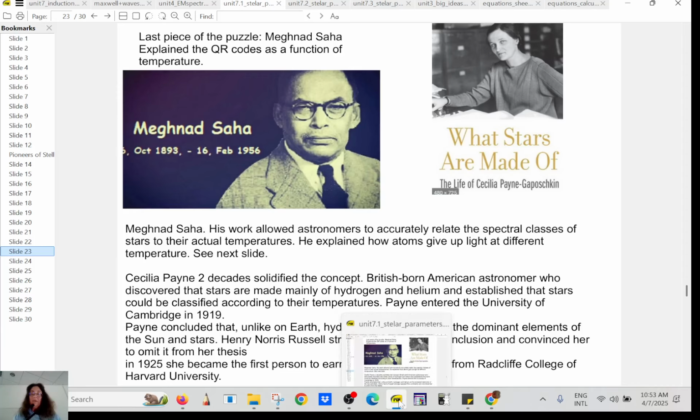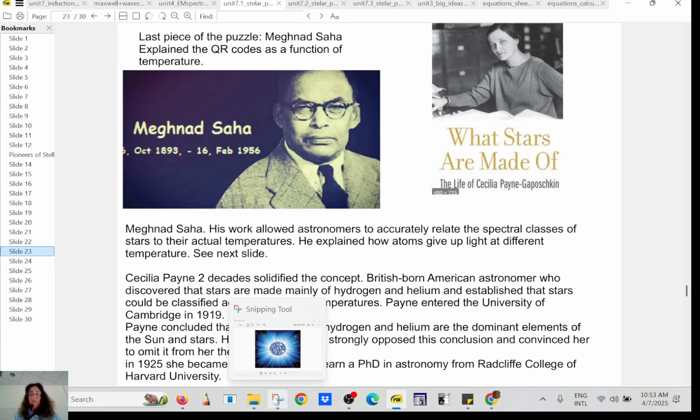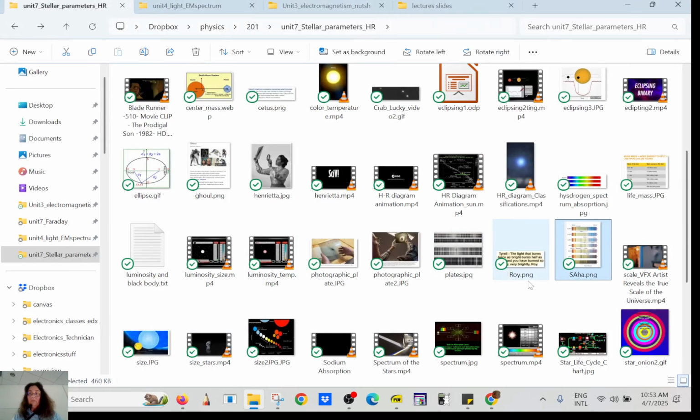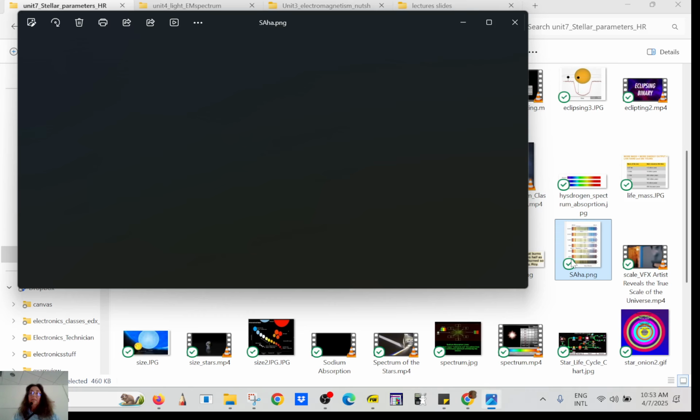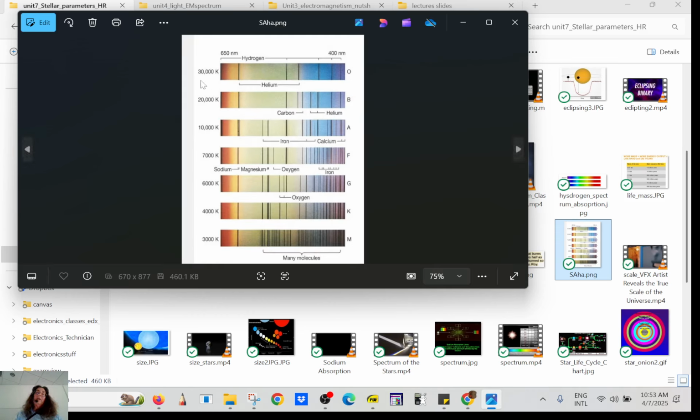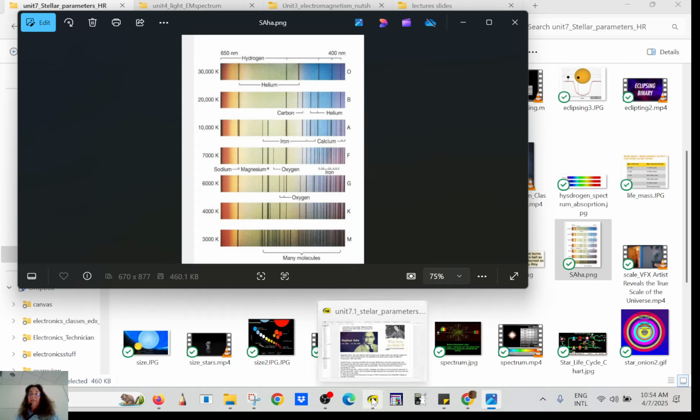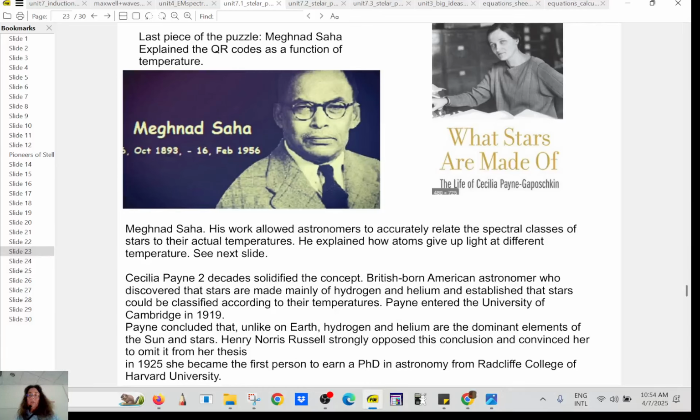She's the one who said all stars will be at that temperature, and we'll have this QR code, an A star will have this temperature, this star here will have that temperature and this QR code. So she applied the idea of Saha to stars. And interestingly, her advisor was the very famous Norris Russell, who had developed the HR diagram.